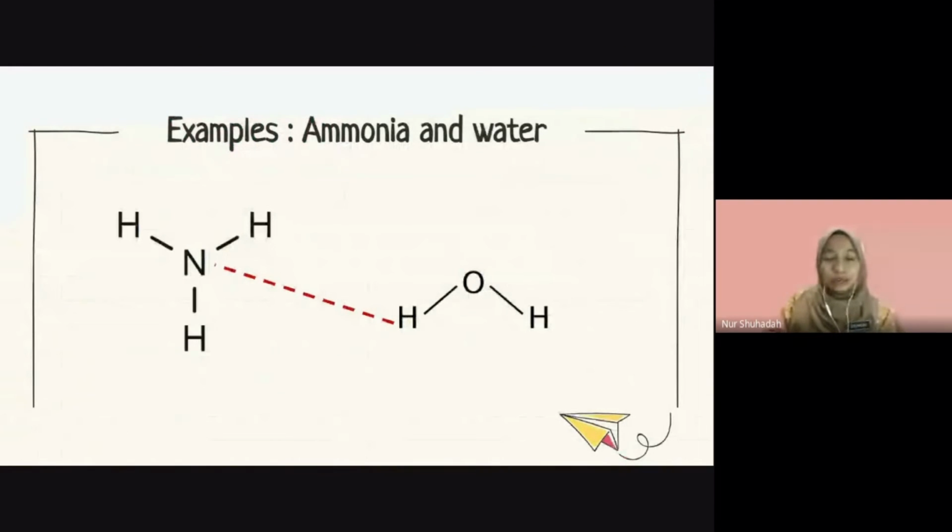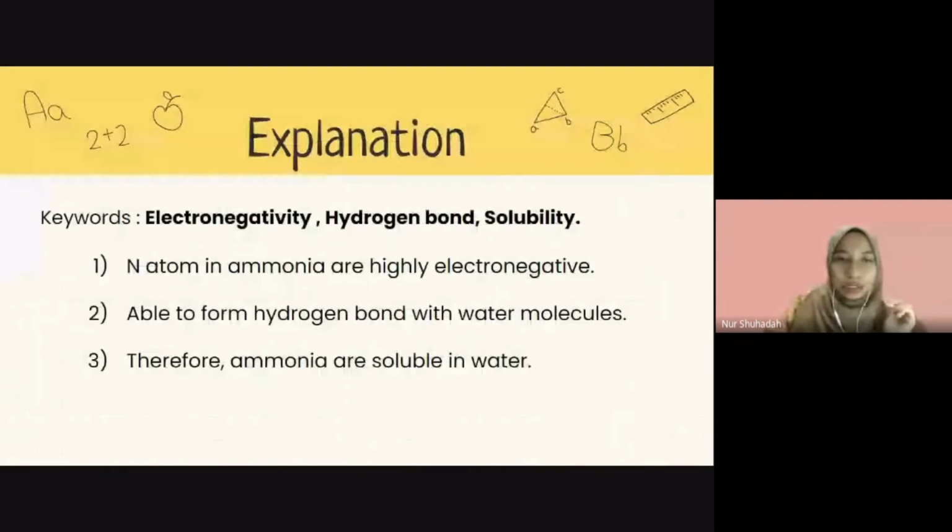Can you see the formation of hydrogen bond here? So to explain the solubility, the keywords are still electronegativity, hydrogen bond and solubility. So first, the nitrogen atom in ammonia is highly electronegative. So it is able to form hydrogen bond with water molecule. Therefore, ammonia is soluble in water.